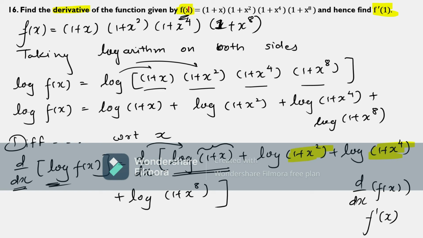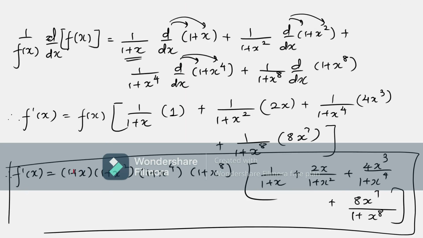Wherever we had x, now we have to put 1. So what is our answer at the end of it? Our answer f'(x) is this one. But now if you put 1 here, that means all x will turn to 1, and whatever we get will be a number and that will be the answer. So let's do that part.